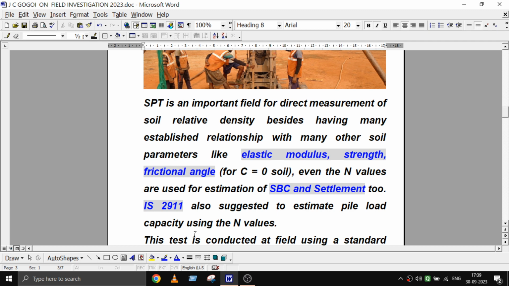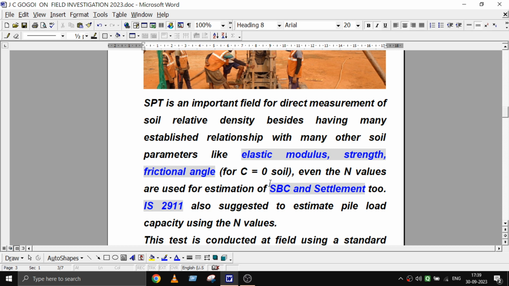ASTM and BSS are followed in India also. In our course, especially IS 6403, there is a rule for how to calculate SBC and settlement from N value.